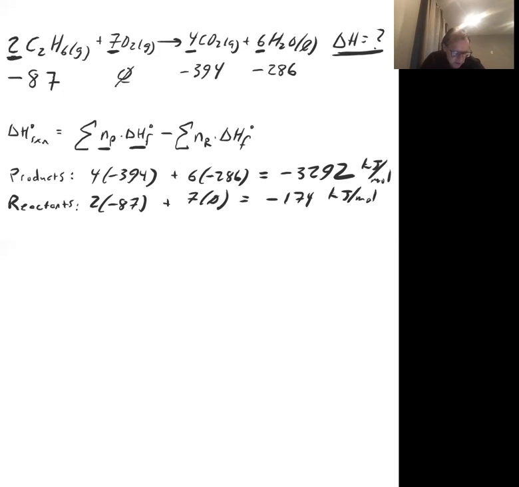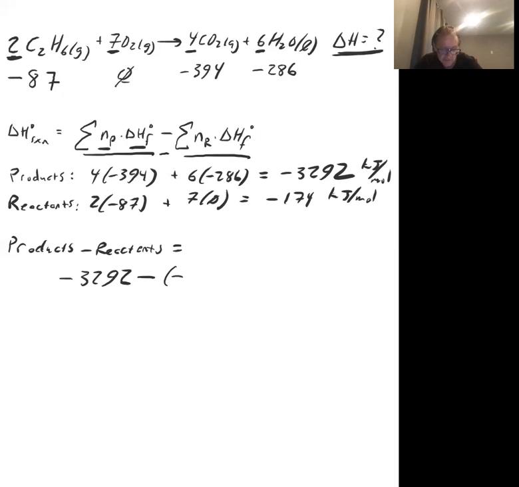And then you do products minus reactants. Right? Products minus reactants. So that would be minus 3292. That's the products. Minus the reactants, which is already negative, so minus 174.